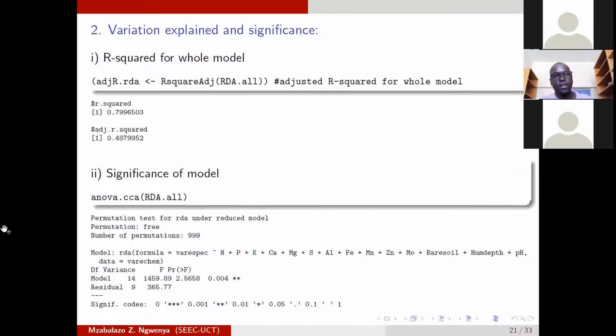The significance test is performed via the function anova.cca, which will perform significance tests for redundancy analysis and also for canonical correspondence analysis. We perform our significance test and we find that our model is indeed significant, which means we can go ahead and use our model.